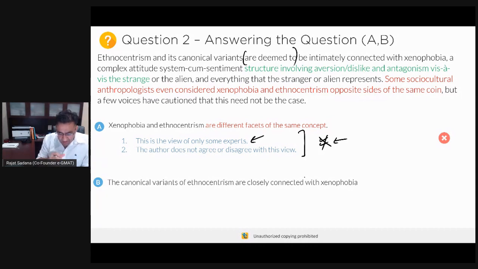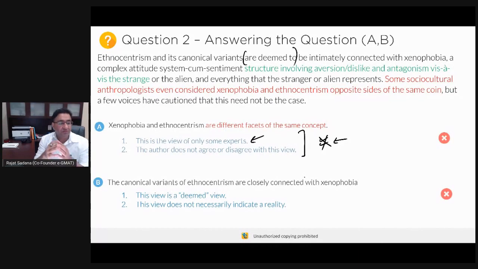Similarly, choice B says the canonical variants of EC are closely connected with xenophobia. Again, this is a deemed view. The author doesn't agree or disagree with this. We cannot infer that over here.